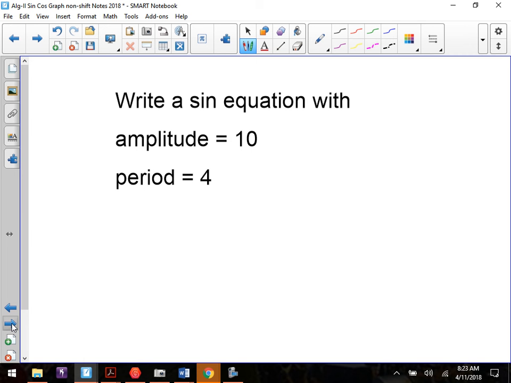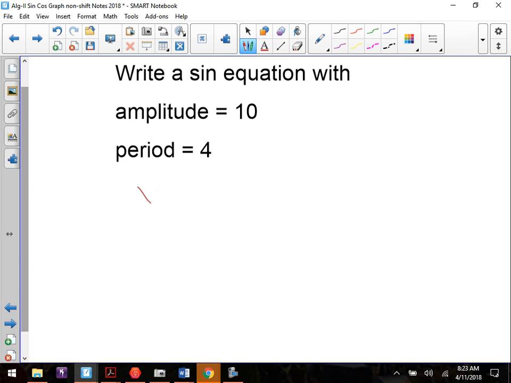Anyway, write a sine equation with an amplitude of 10 and a period of 4. What this means is you have to figure out an equation, y equals a sine b of x.